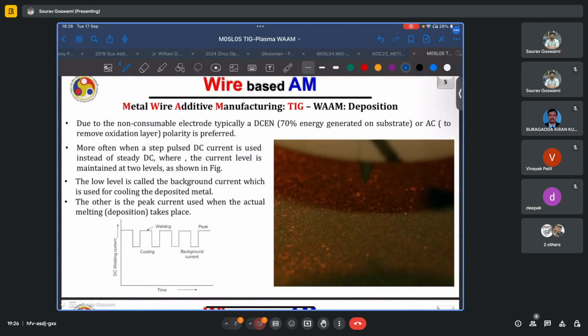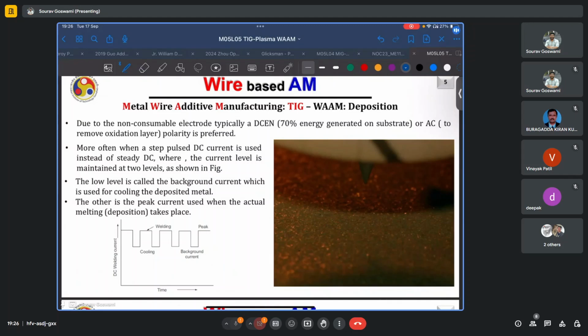As we were discussing, because of the non-consumable nature of the electrode, we do not want it to lose much material or degrade over time. Thus, we would want to subject it to as low energy as possible, because even if the temperatures are not high enough to melt the tungsten electrode, repeated or continued exposure over time to such high temperatures may still lead to deterioration in its properties.